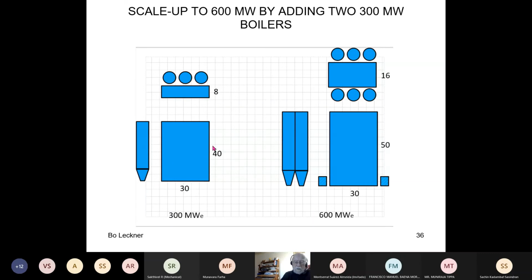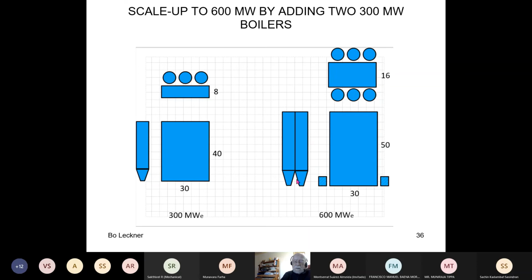The dimensions are given here and here. It is made in this way, as I have explained before, in order to penetrate well the fuel and the secondary air. But if they wanted to scale up this, they didn't want to add another plant here to make it twice as long and to have 6 cyclones on the same side.